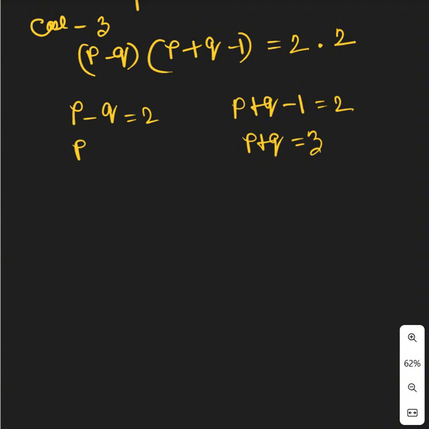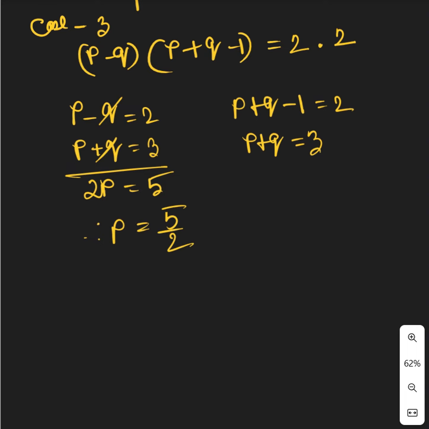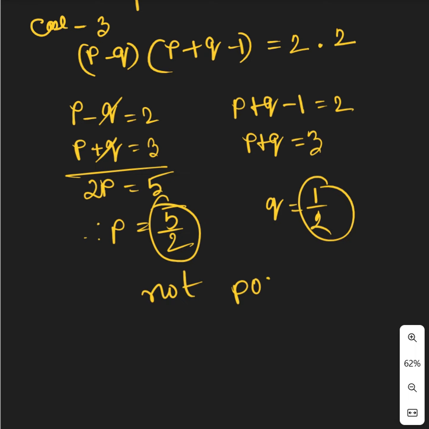So put it here, P plus Q is equal to 3, right? So plus and minus cancel out. 2P is equal to 5. So P is equal to 5 by 2, which is a fraction actually. So this is not possible. Of course Q also, after calculation we could find the value of a half. So this is a fraction number as well. So it is not possible because this is a fraction number, right?